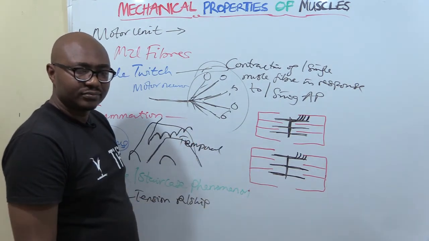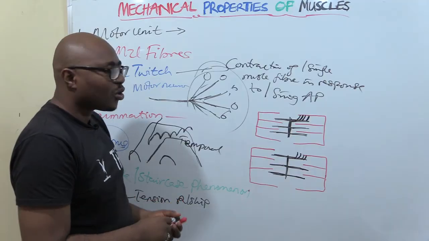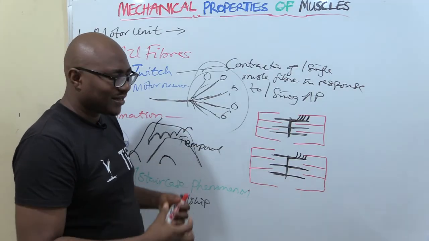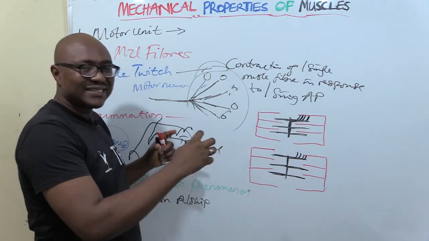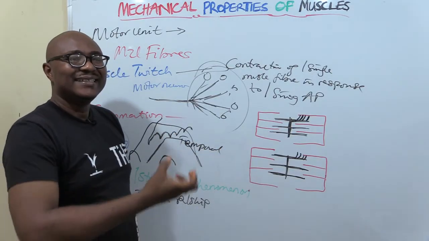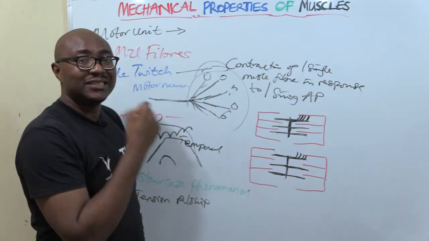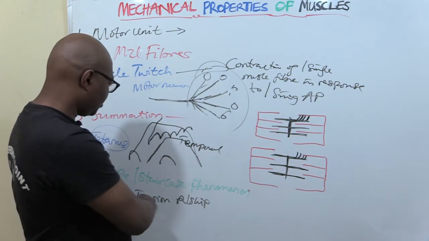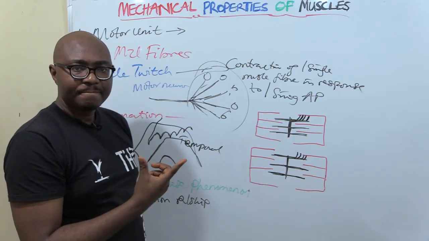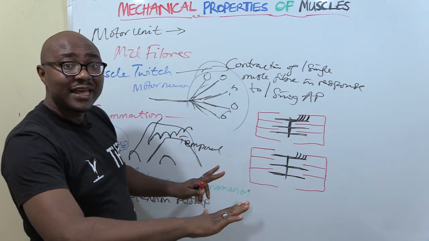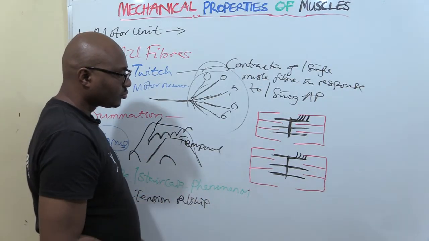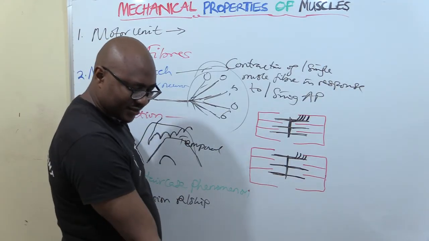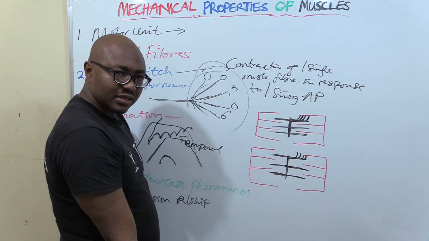sarcomere. Okay, so there's something called resting length, also known as optimal length. That is the length of the sarcomere wherein the muscle can generate the highest amount of tension or force. And this is the explanation. For example, this muscle, the bicep, now this is extended.